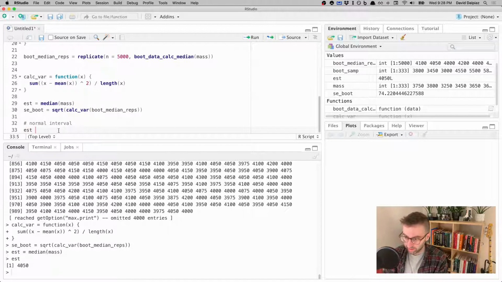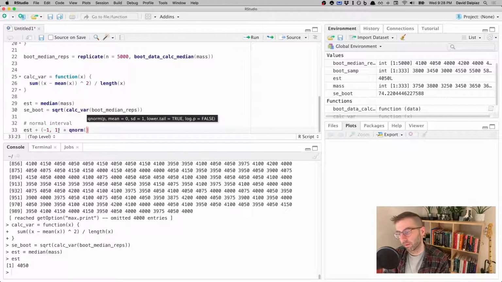So the estimate is there, and then we'll do plus -1, comma 1 times Q norm. I think I need to do 0.05, right? Actually, let me check that.